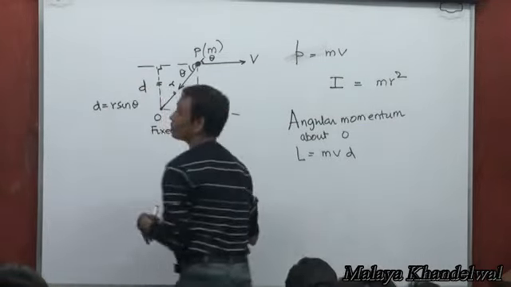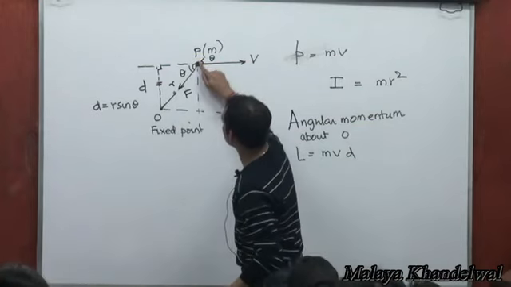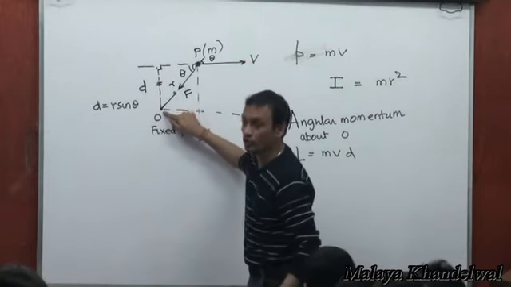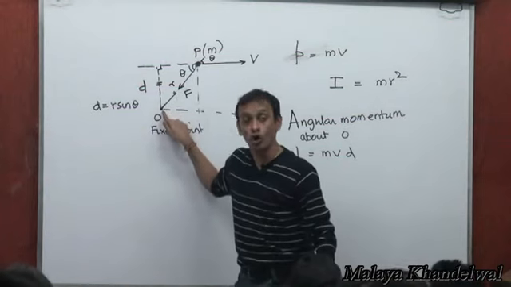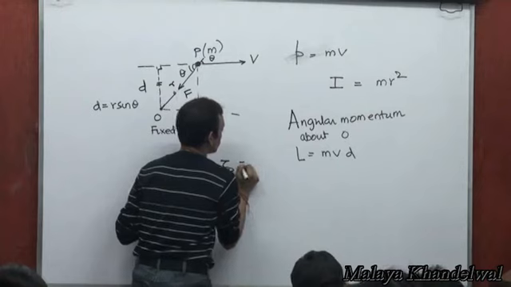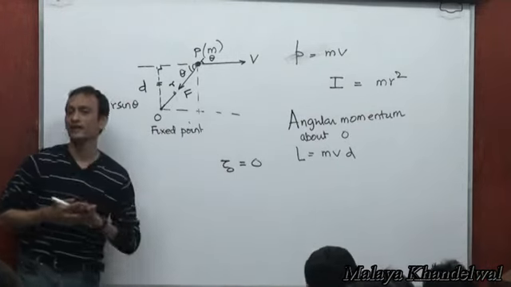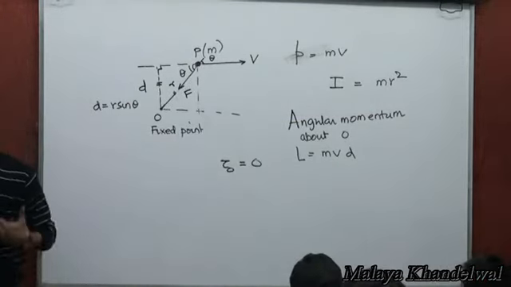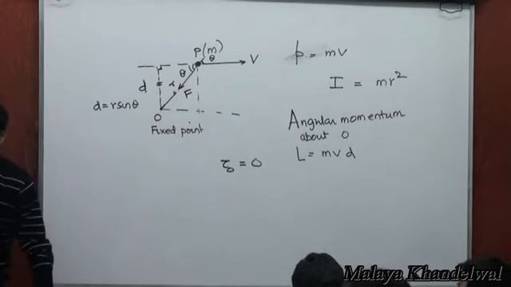Because what is torque? Torque is force times the perpendicular distance of its line of action from the fixed point O, which is 0. So the torque about O is going to be 0 in this case. If the line of action of the force passes through O, it's going to produce no net torque about O.